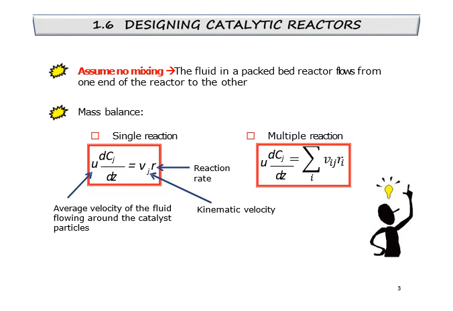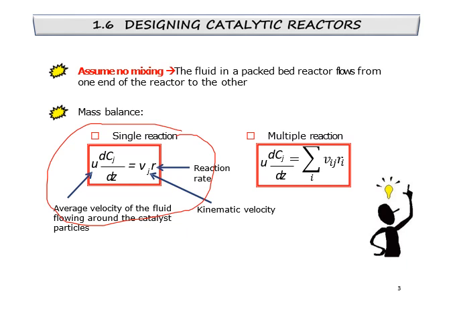Therefore, for a single reaction, we can assume this is the design equation: velocity times the differential of concentration over the differential of height of the catalyst bed equals the stoichiometric coefficient of one species times the reaction rate.